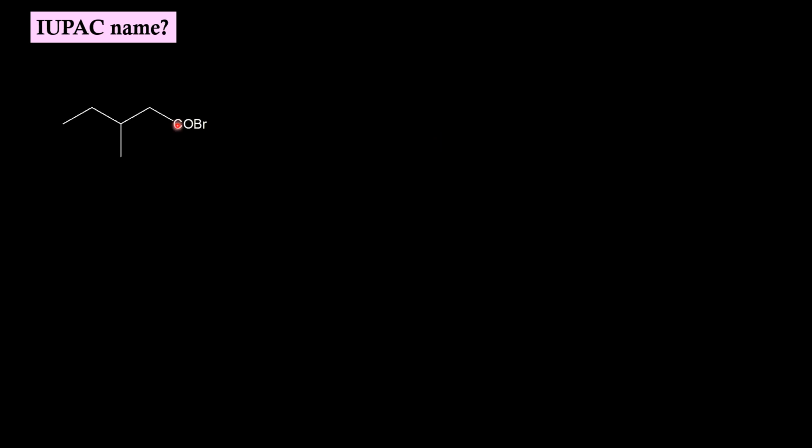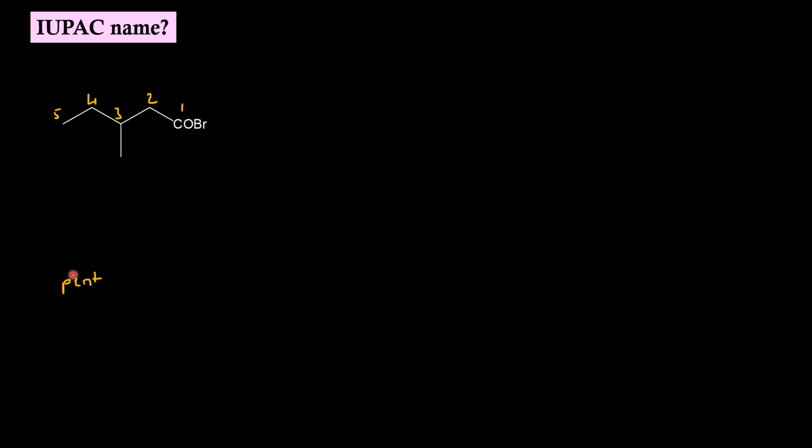In this molecule, this will be the parent chain. The carbon of COBr has to be numbered 1: 1, 2, 3, 4, 5. So the root word is pent. We are having a methyl substitution at position 3.